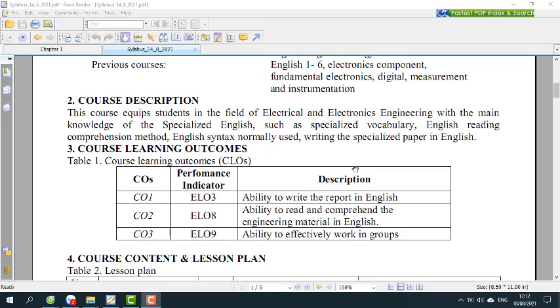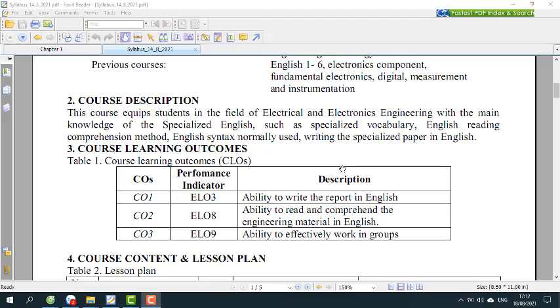This course equips students in the fields of electrical and electronics with the main knowledge of specialized English. For example, specialized vocabularies, English written comprehension methods, English syntax, and how to write a specialized paper in English.